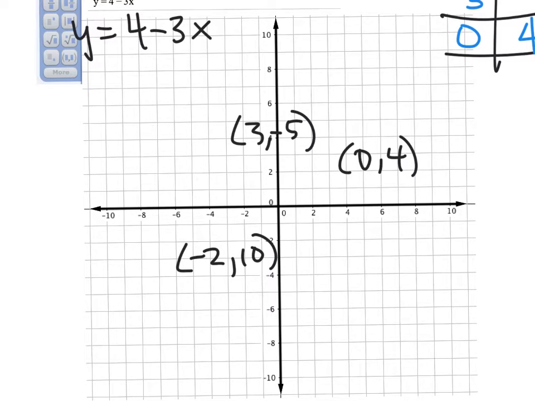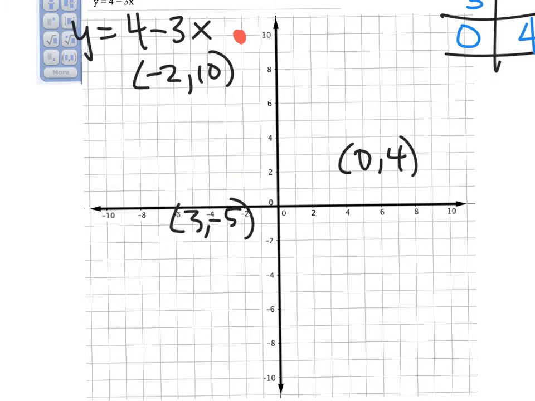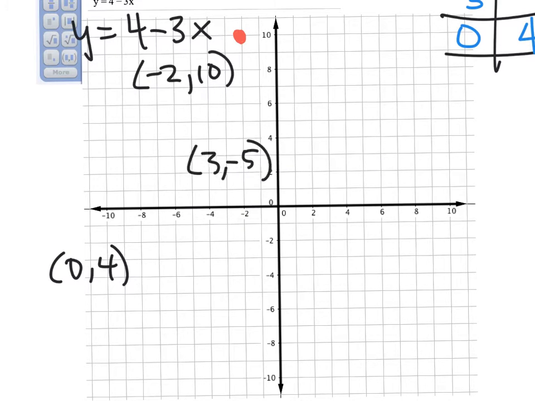We want our point to go right here. So that is -2, 10. Now we have 3, -5. So where's 3, -5 going to go? Well, it's going to go over 3, down 5. So our point is going to be going over 3, down 5 right here.